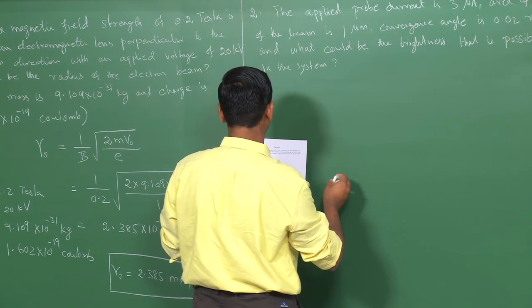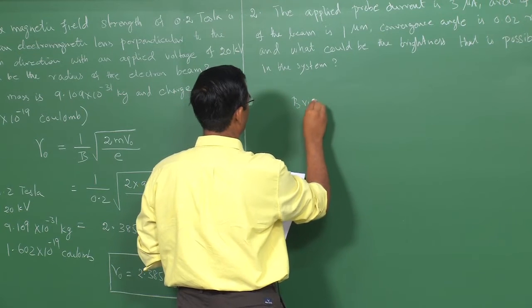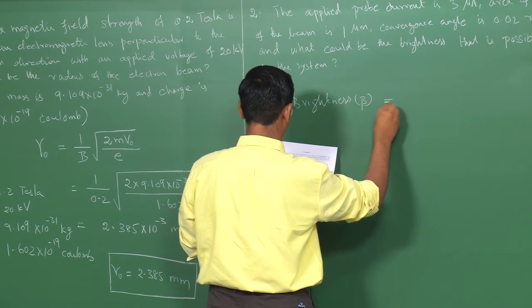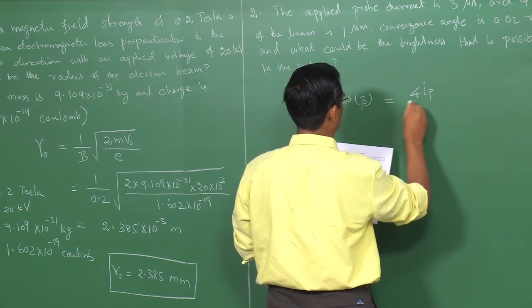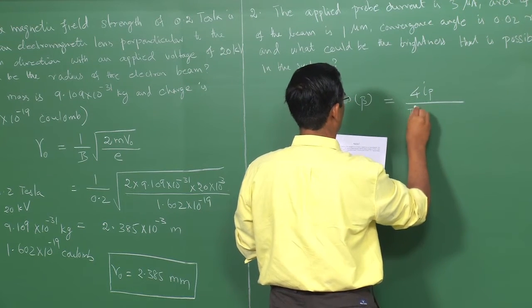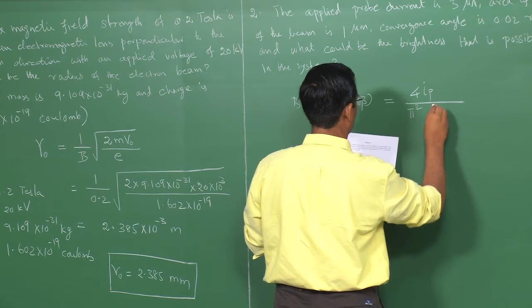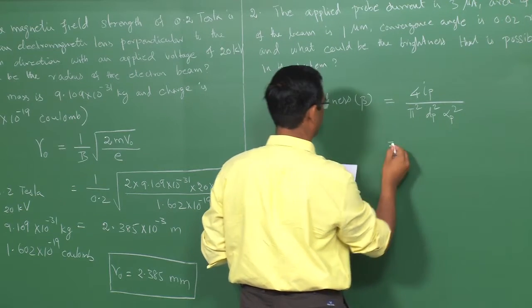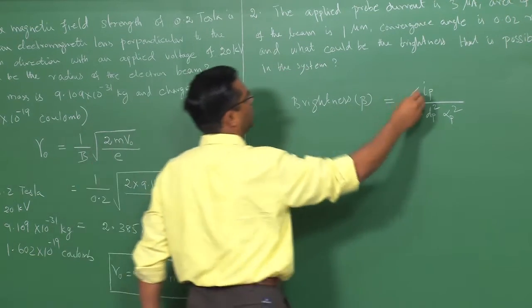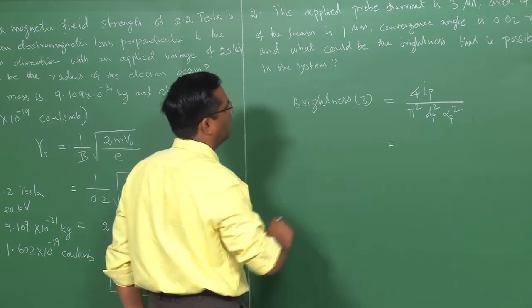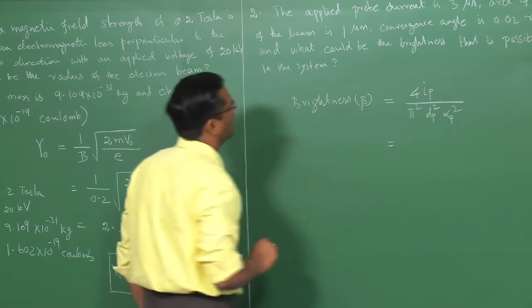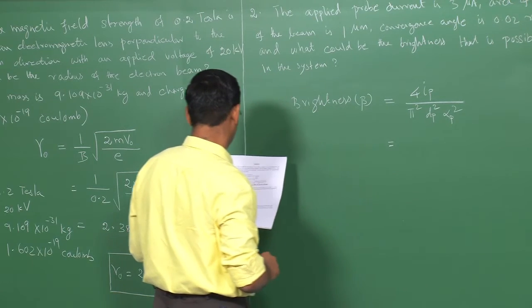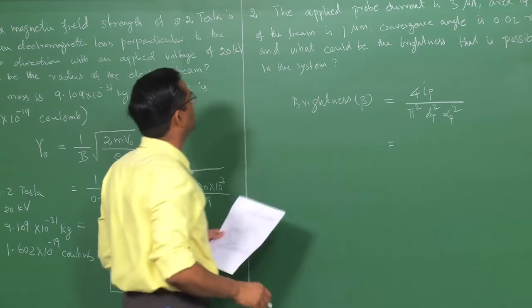I will write brightness, beta. Here IP is the probe current, alpha is the convergent angle, and dP is the cross section of the beam.